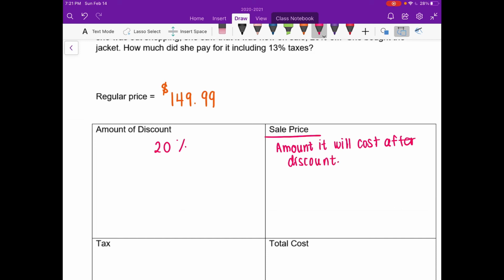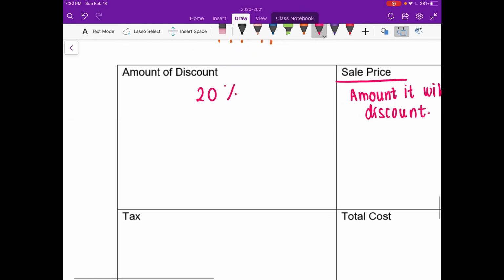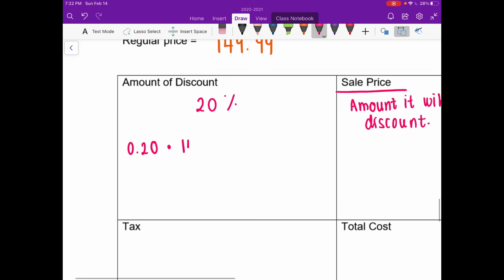So the first thing you want to do is find out how much money you are taking off with the 20% discount. So let's do that in this section over here. So the 20% discount is going to be 0.20 of 149.99, right?